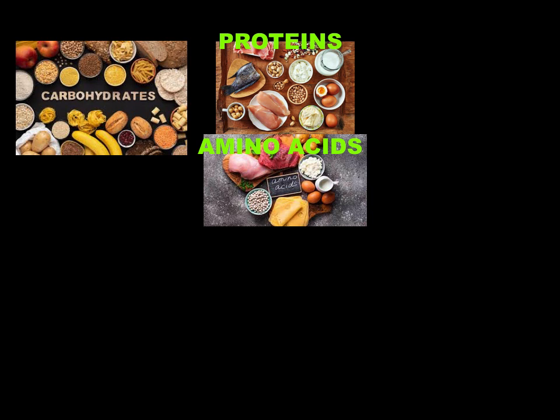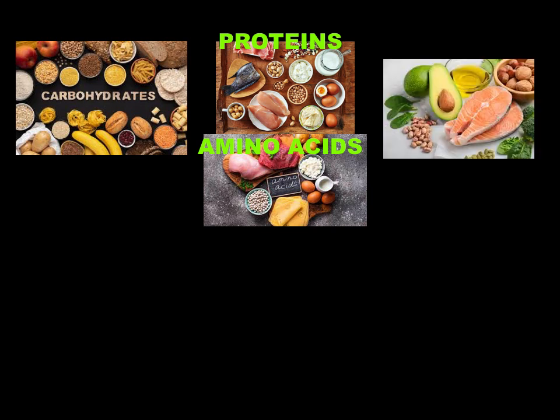Proteins of animal origin are considered to be the first class proteins. Each gram of protein provides 4 kilocalories of energy.